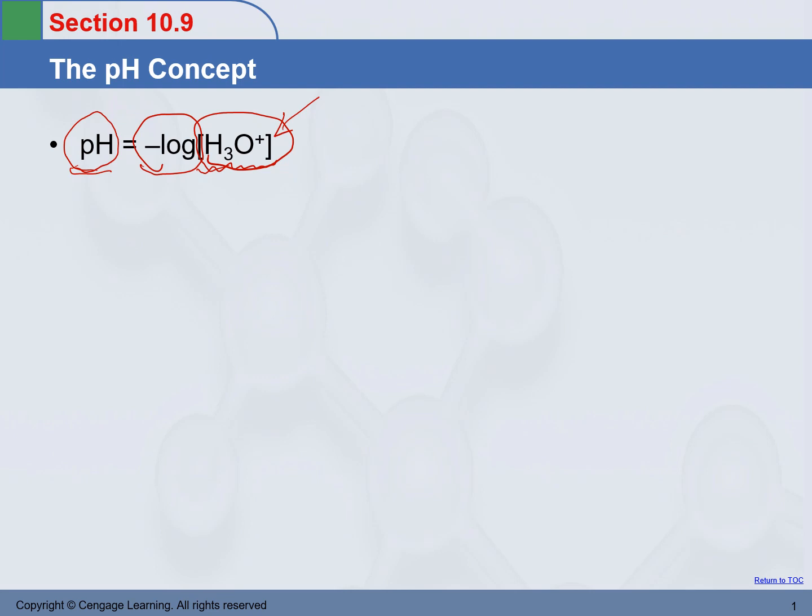Well, that is because for most solutions, the concentration of hydronium ion will be in a format like 2.54 times 10 to the power of negative 6 or 3.38 times 10 to the power of negative 10.